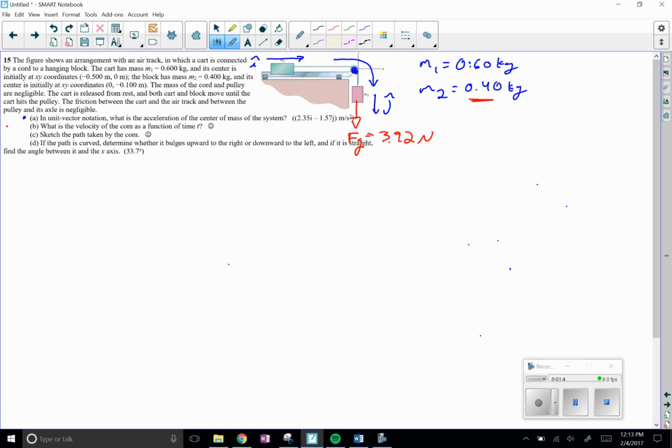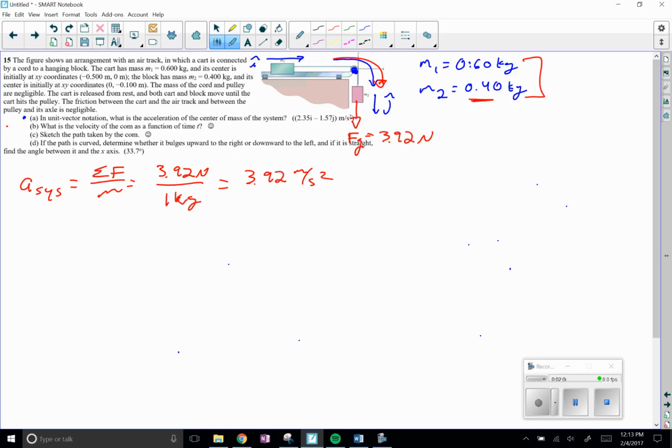So the acceleration of my system is net force over mass. We've got a force of 3.92 newtons pulling the whole system forward, and it's got a mass of 1 kilogram, because 0.6 plus 0.4. So we get an acceleration of 3.92 meters per second squared, kind of this way, right?